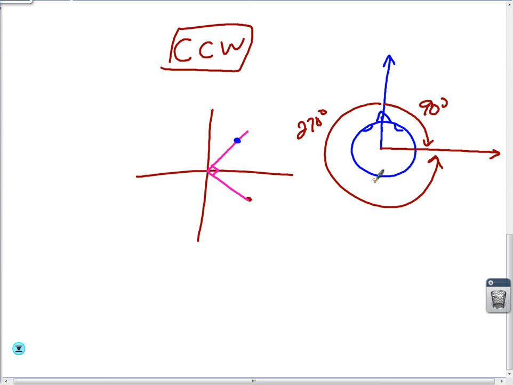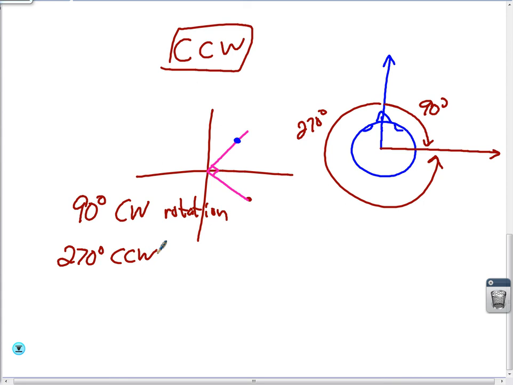So if I ask you to do a 90 degrees clockwise rotation, you don't have a rule for that. The way that you perform this, you would do a 270 degrees counterclockwise, and you end up in the same answer. If I ask you for a 270 clockwise rotation, you would do a 90 counterclockwise.